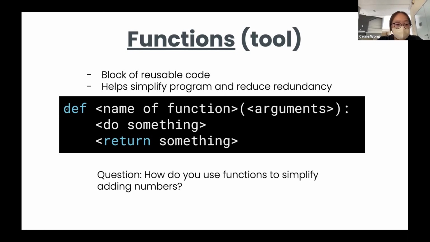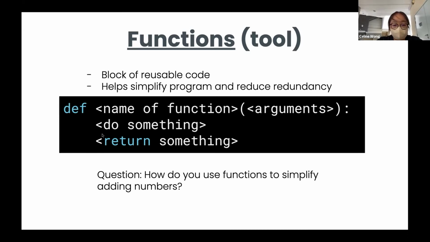Basically, you just type out def, which stands for define, followed by the name of the function, and then the arguments of the function inside the round brackets. I'll explain more on what I mean by arguments later. And below that line, indented, you just type out anything the function will do.